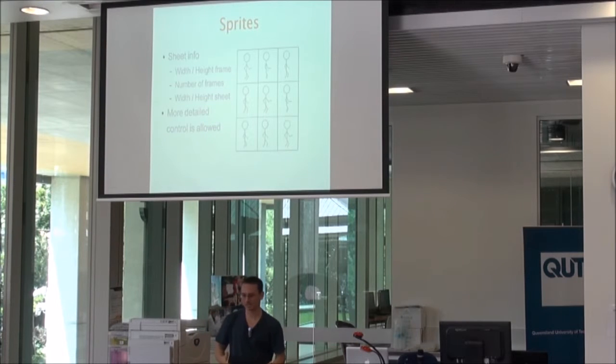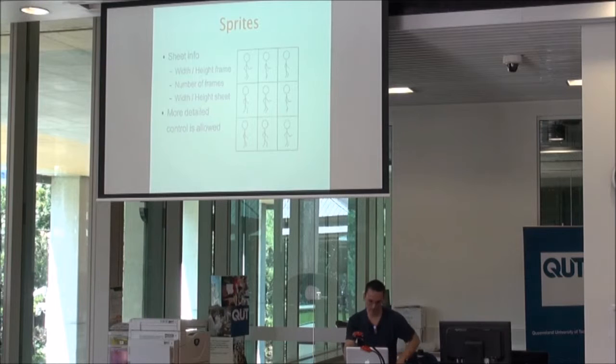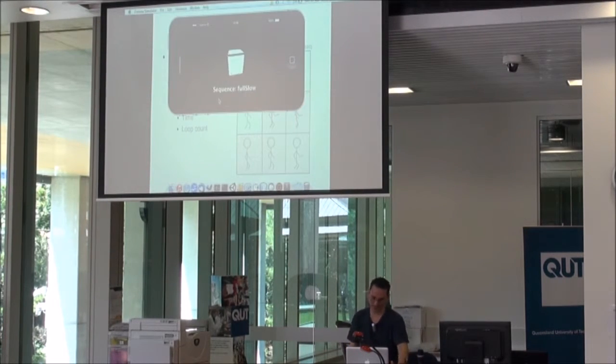So if it's a 100 by 100 image and you assign 10 by 10 frames, that's one way. Or you can say this frame starts at this point and ends at this point, and then you can optimize for certain frames that are bigger than other ones. So here is an example of that.